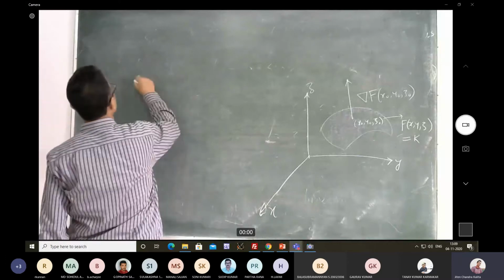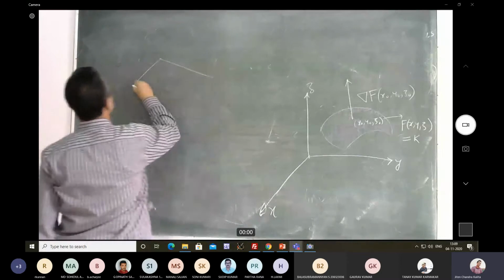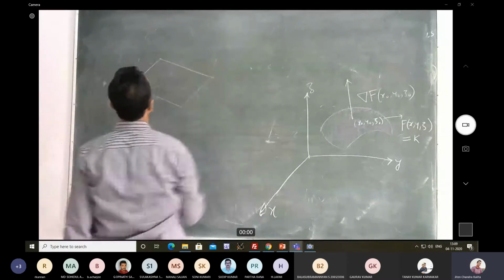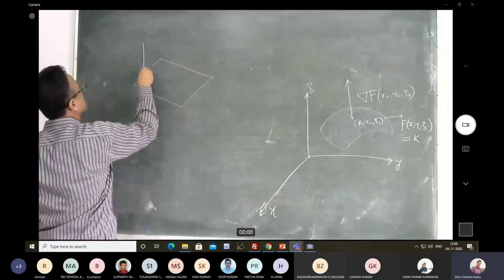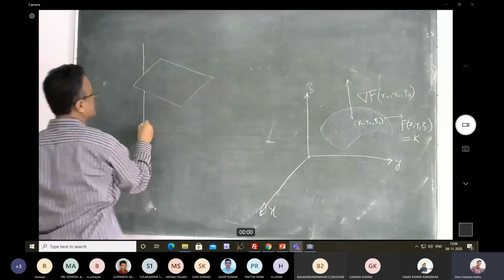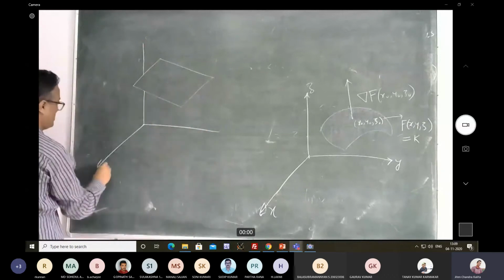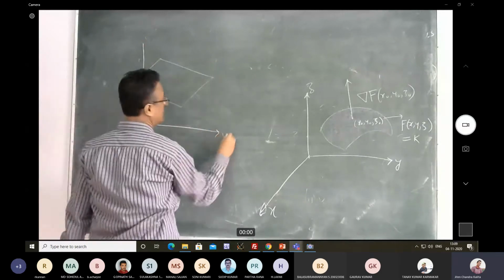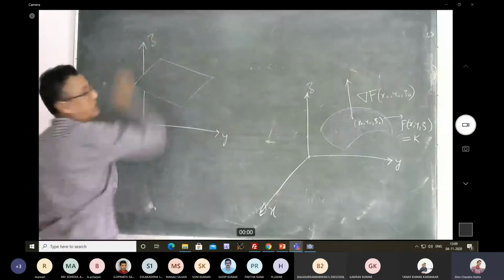Suppose I am considering a plane in 3D space, with axes x, y, z.